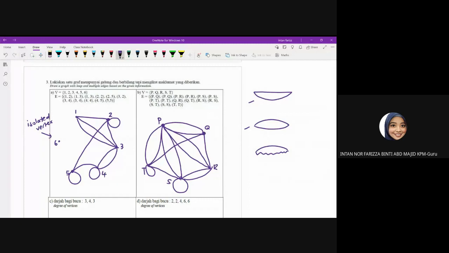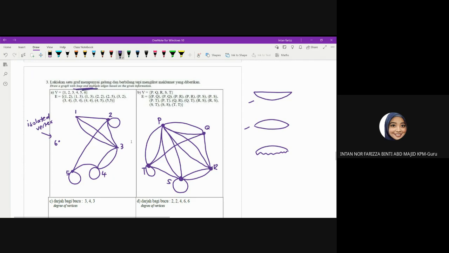Okay, done. Okay, if you're stuck, later you can watch the recording because I'm not going to rush. Okay, question number 3, loops and multiple edges.